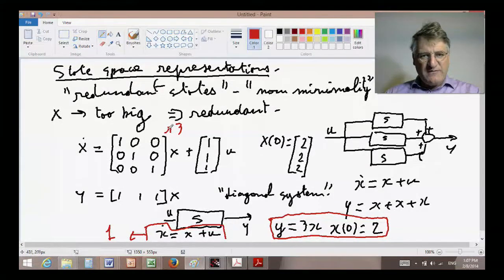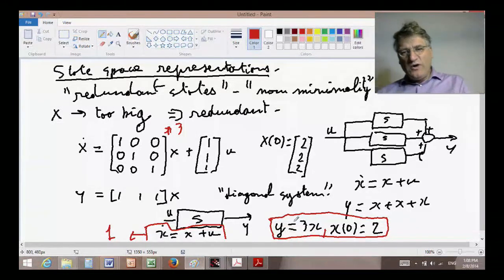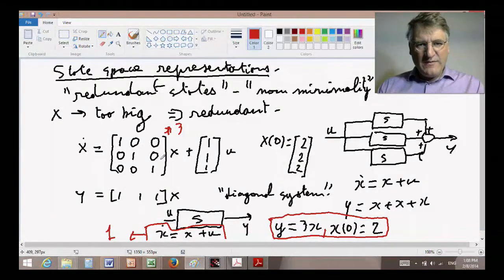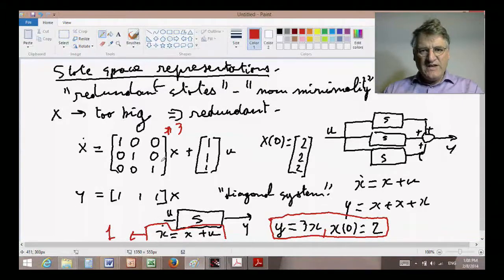As such, you can imagine that indeed there are redundant states here that don't appear there. And the system here can be simplified into that system there. In which case, this system is not minimal in the sense that it can be simplified.